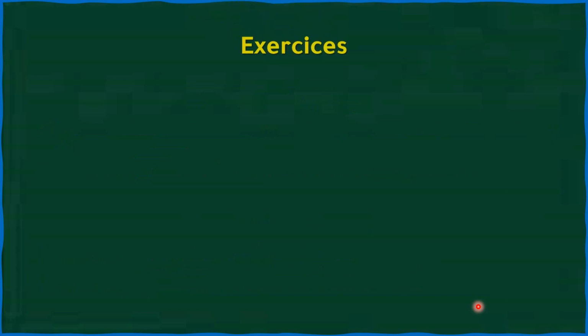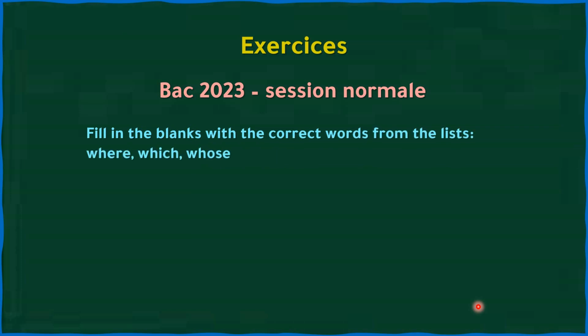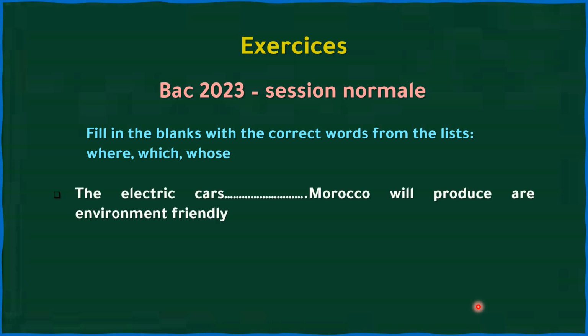Now, it is time to do some exercises to refresh our memory. The first exercise is taken from the Baccalaureate 2023 normal session. The exercise says: fill in the blanks with the correct words from the lists: where, which, and whose. The sentence is: the electric cars Morocco will produce are environment friendly.